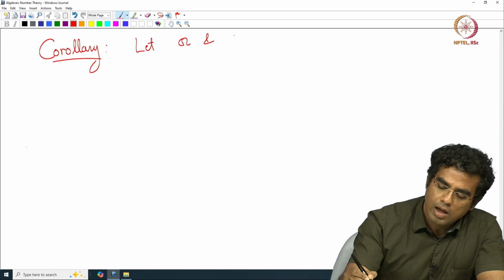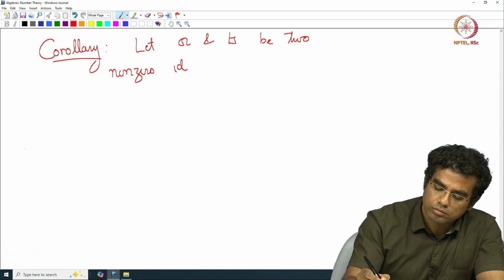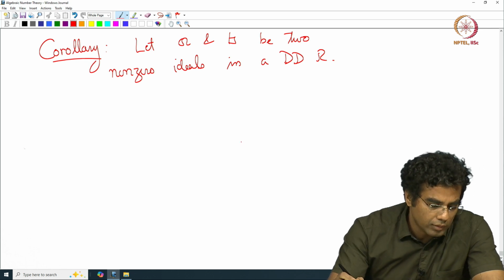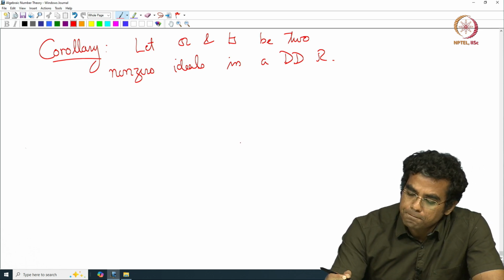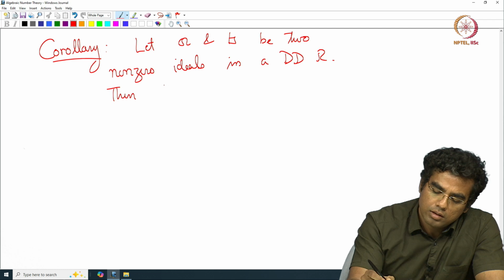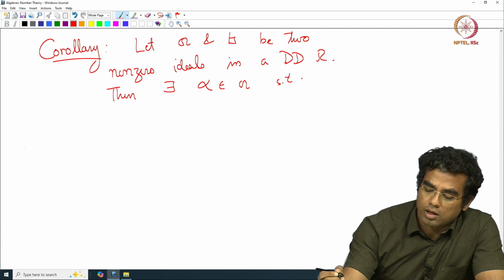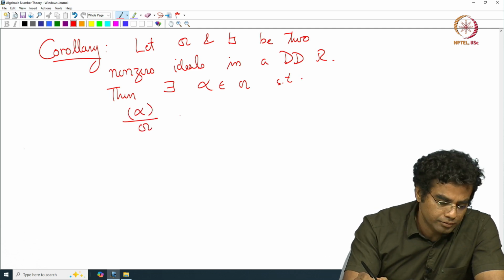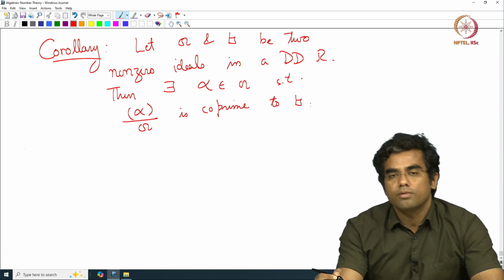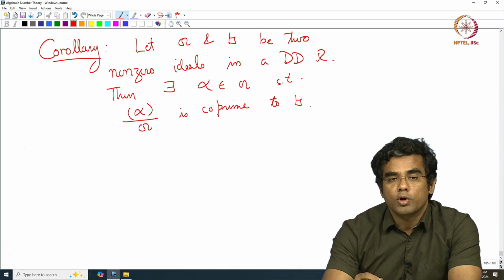So, let A and B be two non-zero ideals in a Dedekind domain R. Then there exists alpha in A, alpha non-zero, such that alpha by A is coprime to B. Okay, and of course, the notion of coprime here means that you write alpha by A as a product of prime ideals.